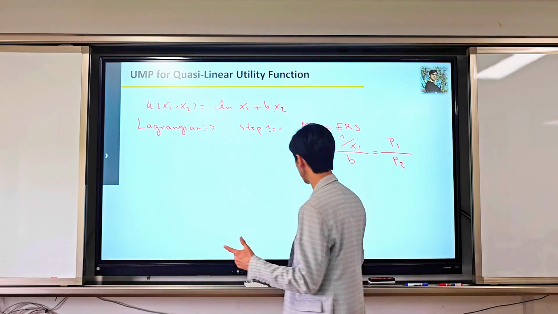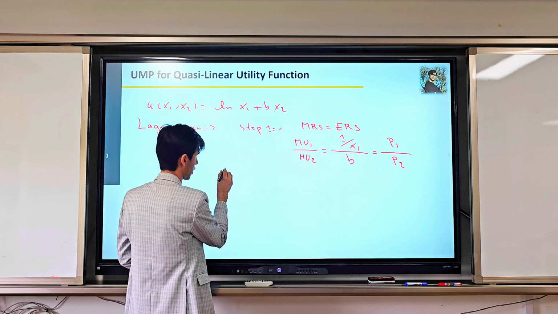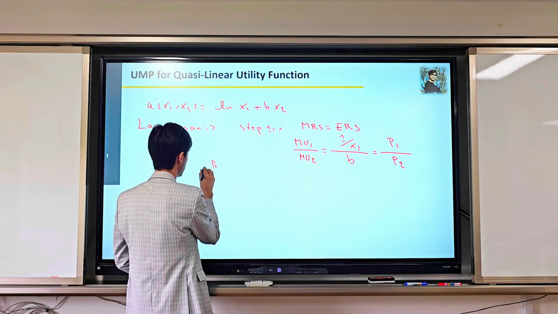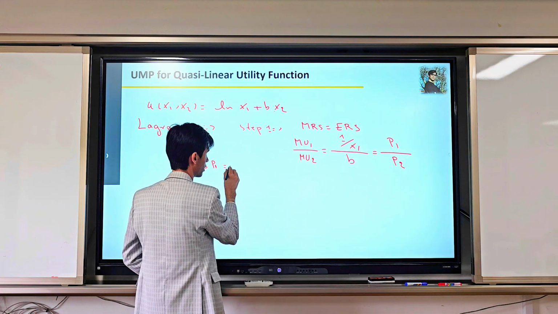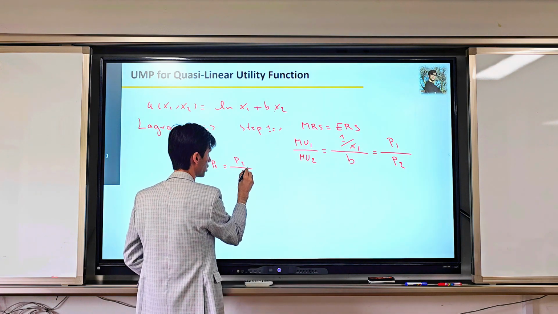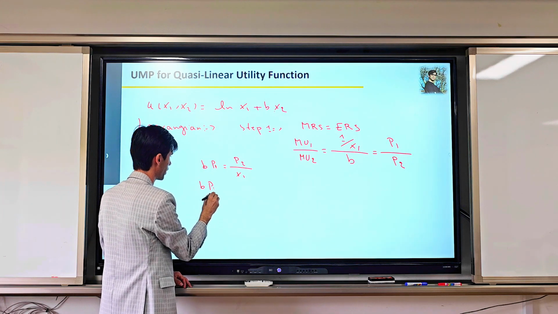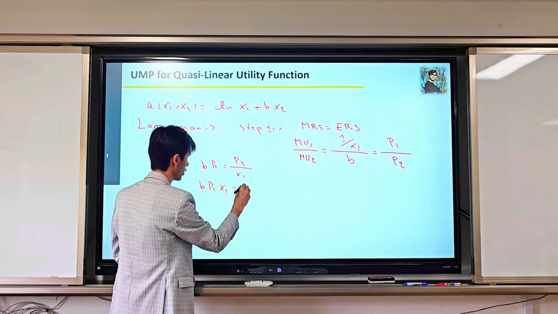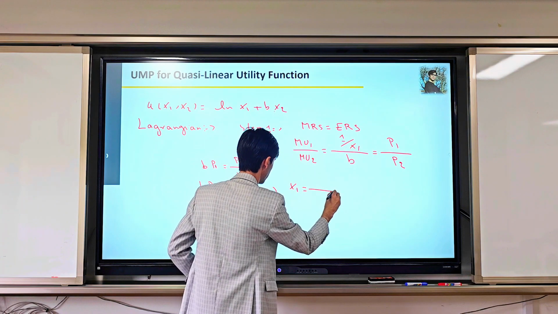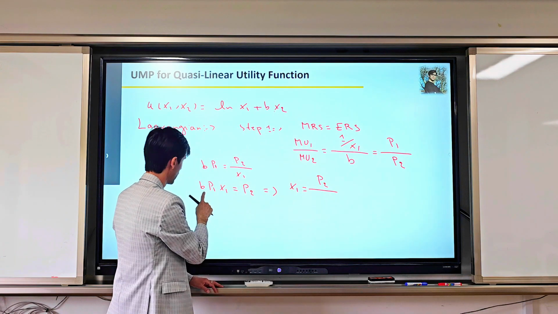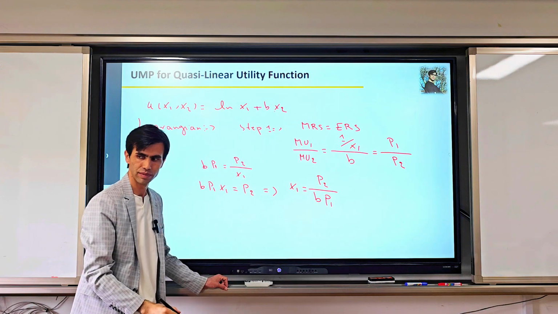So it's easy. In order to find x1, for example, multiplying by p1, 1 over x1 multiplied by p2 divided by 1 over x1 gives b p1 x1 equal to p2, and then our x1 is equal to p2 divided by b p1.